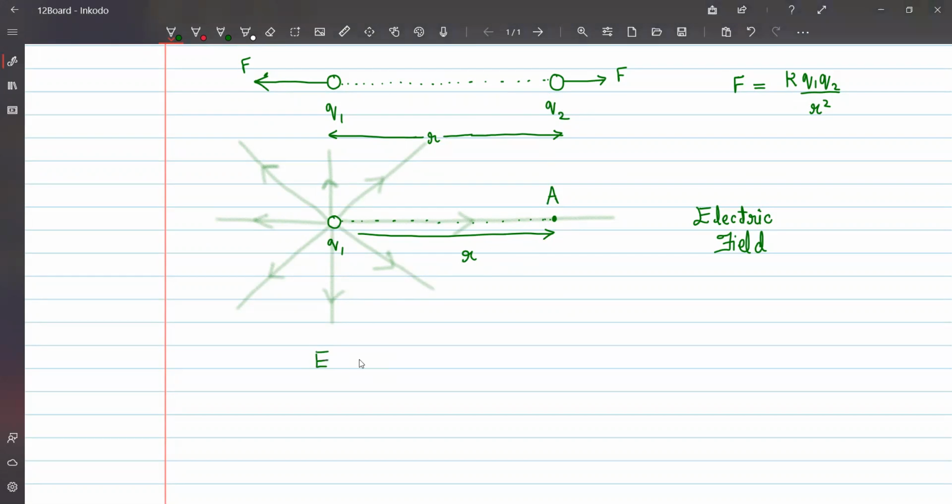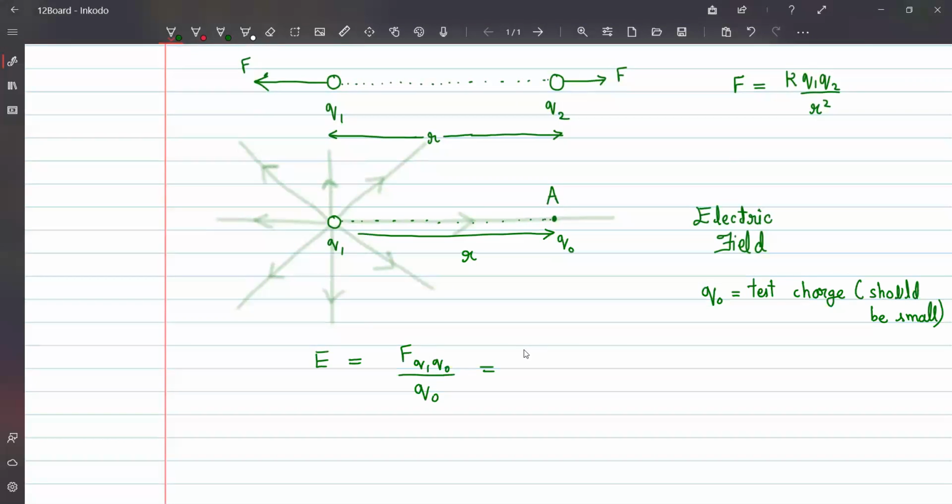This was given by the force applied by Q1 on a test charge Q0, divided by the test charge. I'm calling Q0 a test charge because a test charge should not disturb the original charge, original force, original field.